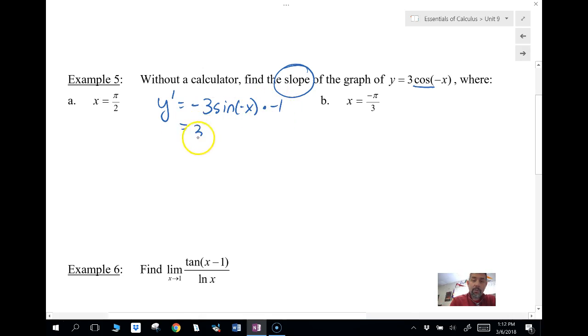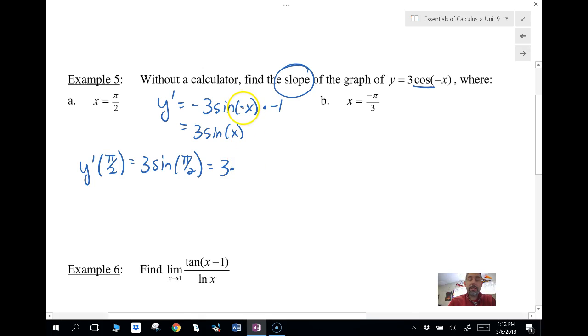So I'm going to get 3 sine of x as my y prime. So for A, y prime of pi over 2 is going to be 3 times the sine of pi over 2.